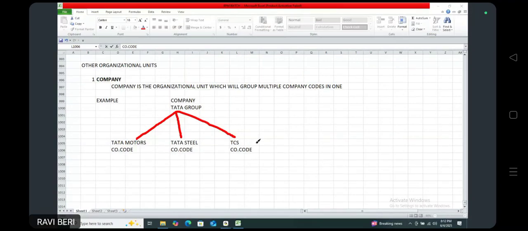Company is the organizational unit which will group multiple company codes into one. Okay, this is an example. Make a note.